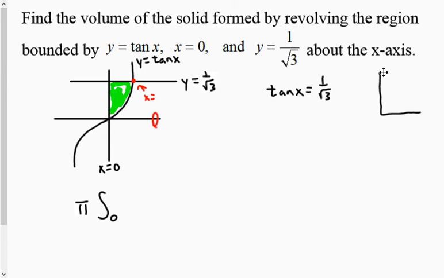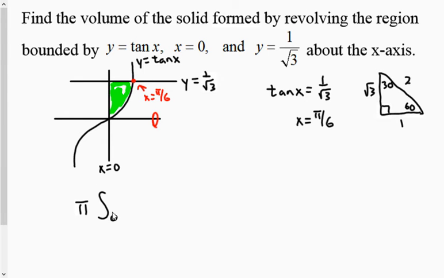If I draw my friend the 30-60-90 triangle here to confirm my thought process, this goes square root of 3 to 1. And look at that, because I think I was thinking it backwards. The tangent of 30 is 1 over square root of 3, and 30 is pi over 6. So right there, x equals pi over 6.